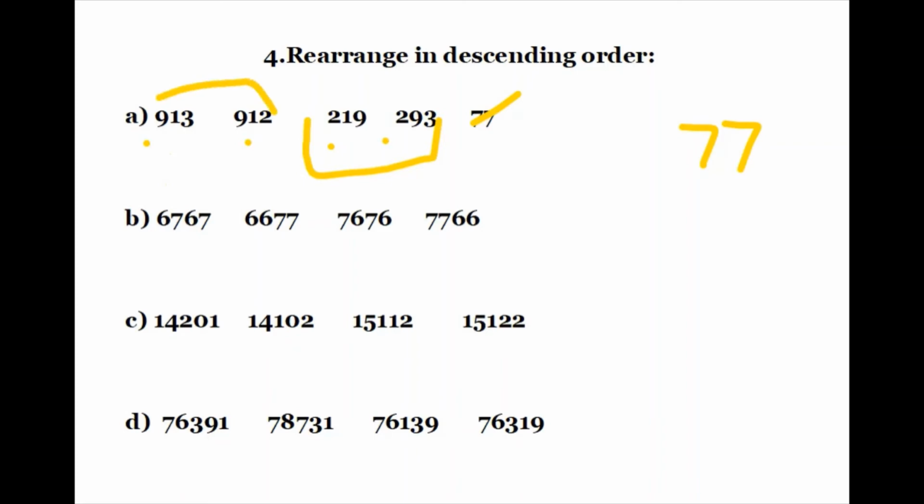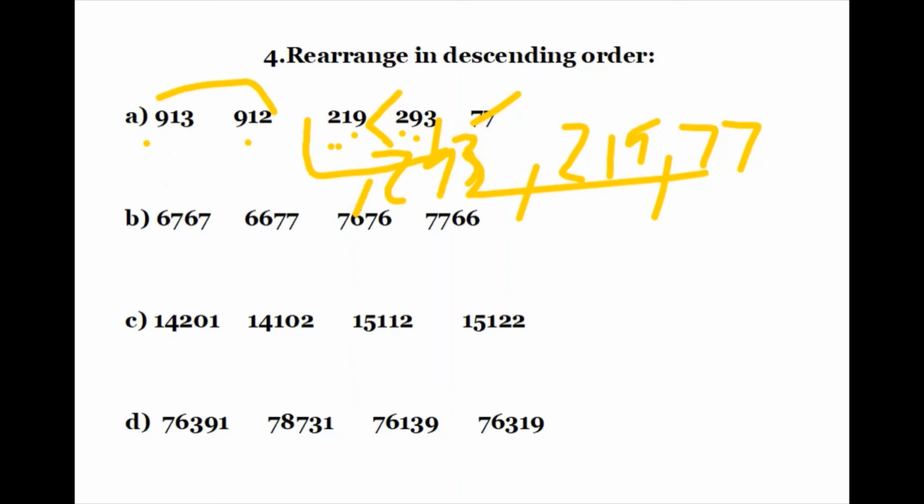So let's deal with these ones first. 2 and 2, 1 and 9. We can see that this number is greater than this number. That means this number is smaller, so we put it there, 219. And this one comes here, 93.